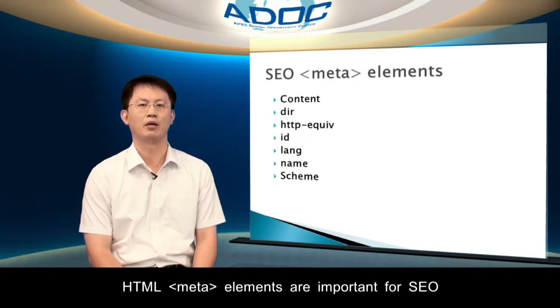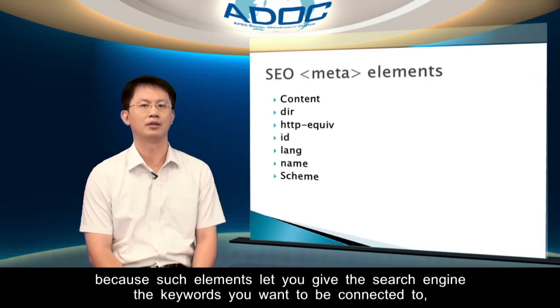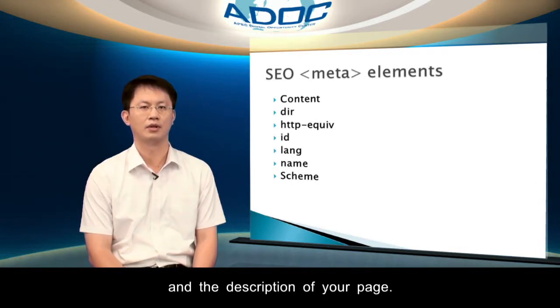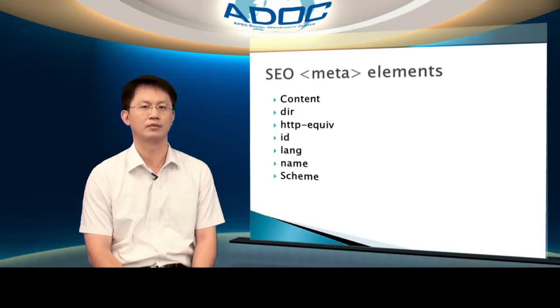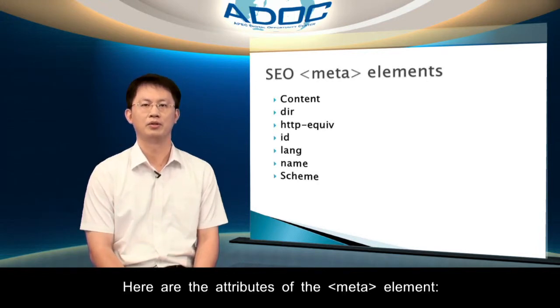And HTML meta elements are important for SEO because such elements let you give the search engine the keywords you want to be connected to and the descriptions of your page. Here are the attributes of the meta elements.